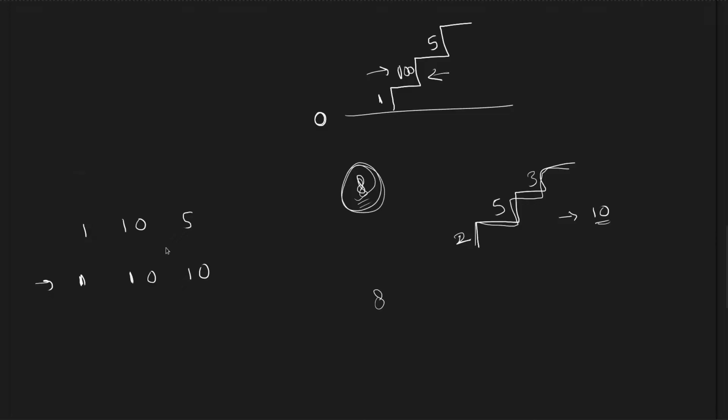If this is my input, the first stair is of height 1, then height 2, then height 1, then height 5. This is the ground which is at 0. So the prefix maximum would be 1, 2, 2, 5.